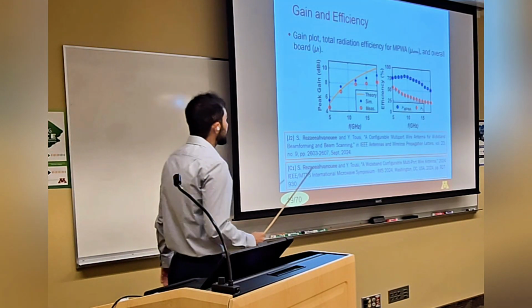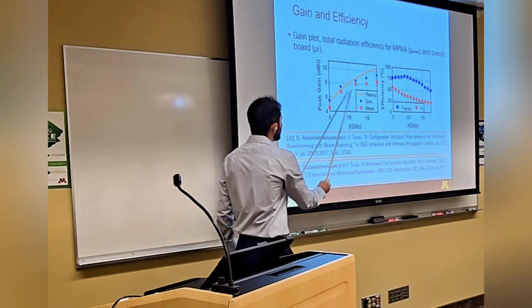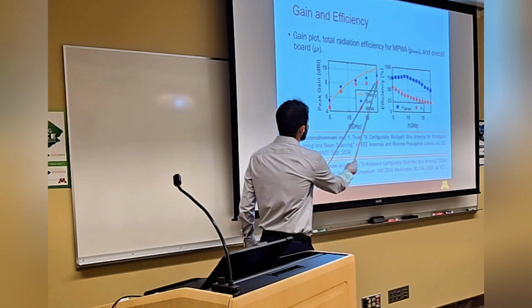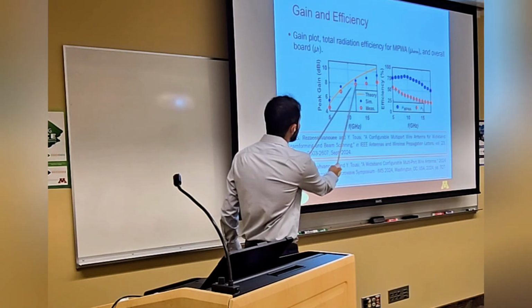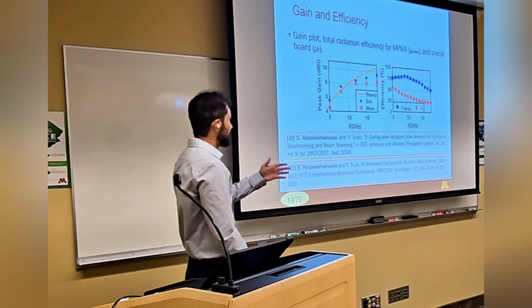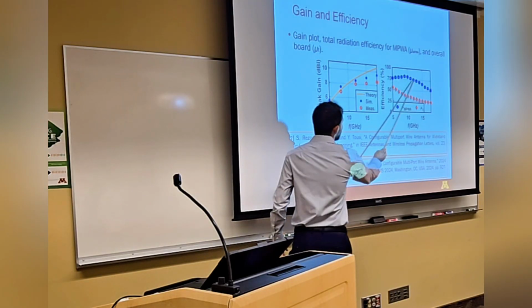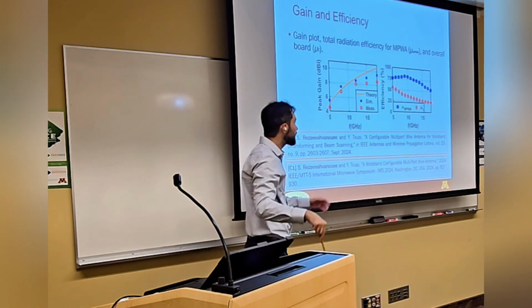This figure provides a comparison between peak gain obtained from the theoretical model, simulation, and measurement. As you can see, the measured gain is approximately 1 dB less than the simulated one, which can be attributed to measurement tolerance. This figure shows the efficiency of the multiport wire antenna and also the entire board.